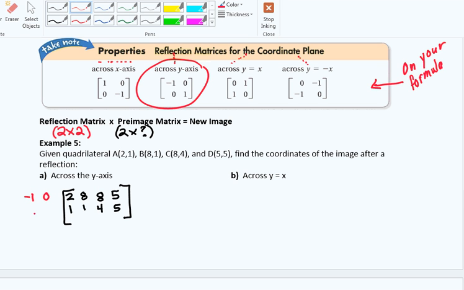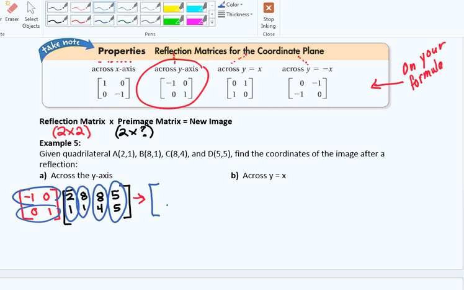That's negative 1, 0, and 0, 1. Now remember when we multiplied yesterday, we said we're going to do rows times columns. The great thing about these rows is there's really only one number and there's a bunch of zeros. So when we go to do rows times columns, we can almost do this in our head without having to do a whole lot of extra addition.